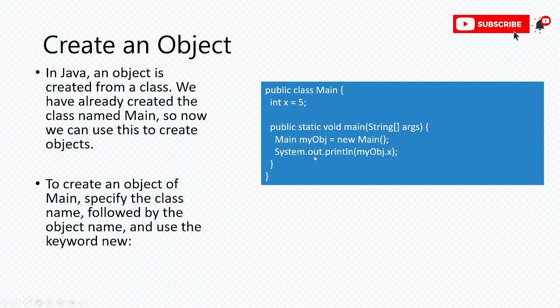Since in the main class you have this variable x, you can call x now as a member of the class. So my object, that operator, will give you the list of members of the class. In this particular case, you have the x. Okay, so that's how to create a class.